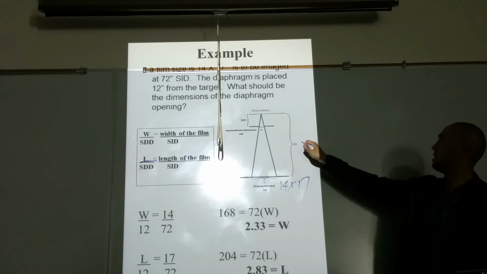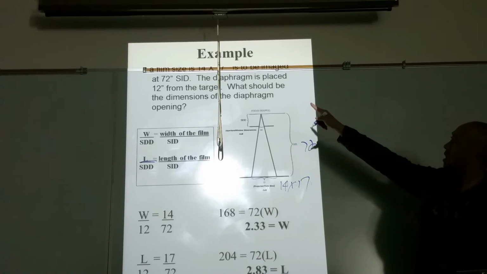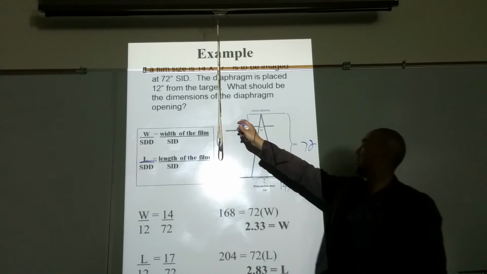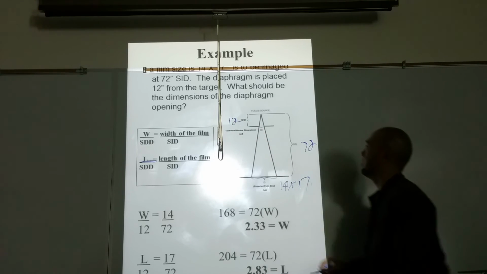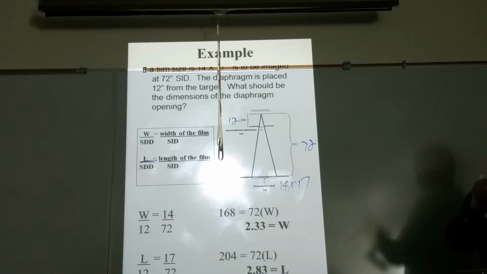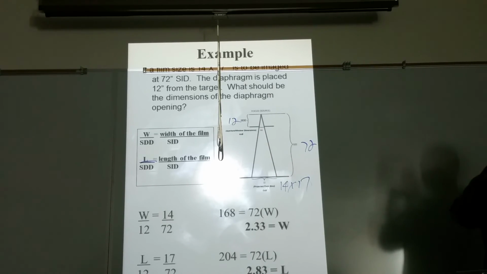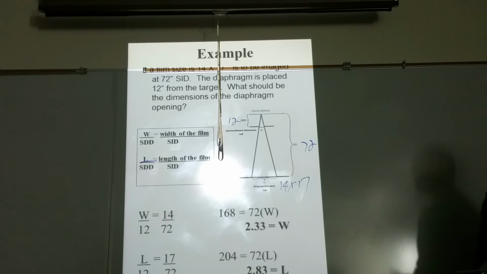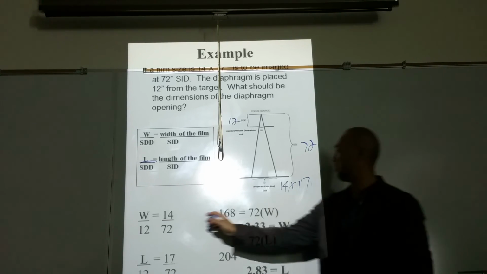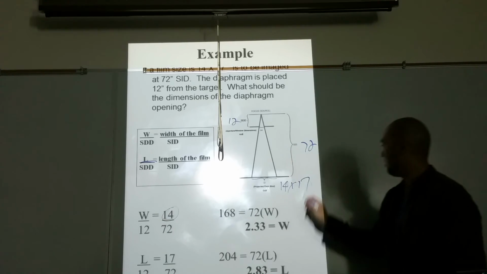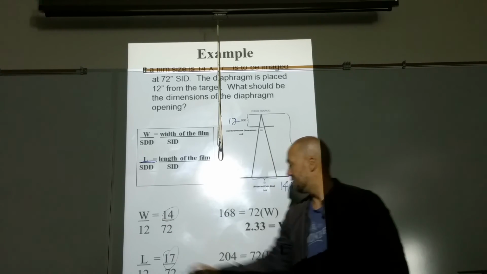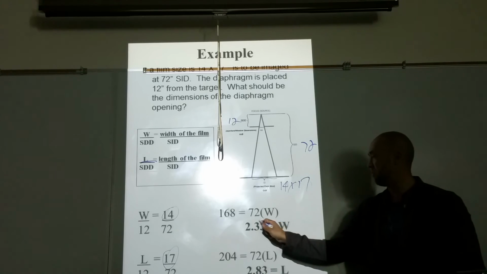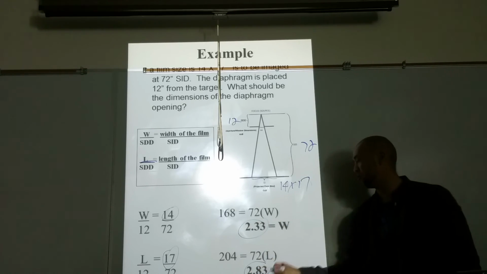My SID is going to be 72. 12 inches, source to diaphragm distance. So I need to figure out again the dimension of my aperture window at a certain distance from my source to give me a beam size of 14 by 17. Let's figure out the dimension of 14, and then we'll figure out the dimension of 17. My aperture window should be 2.33 by 2.83.